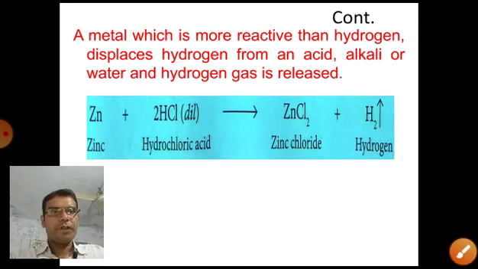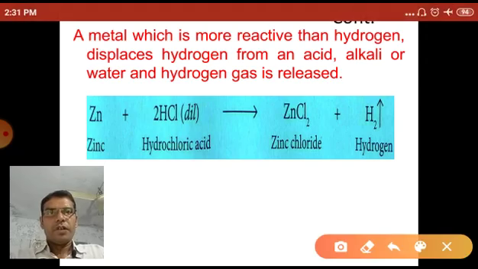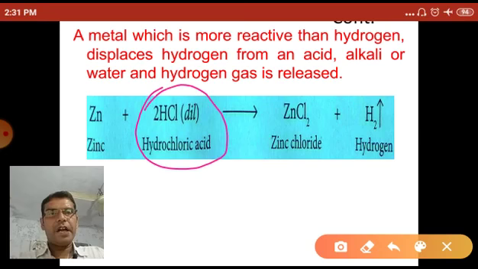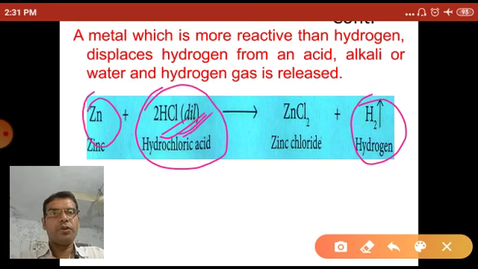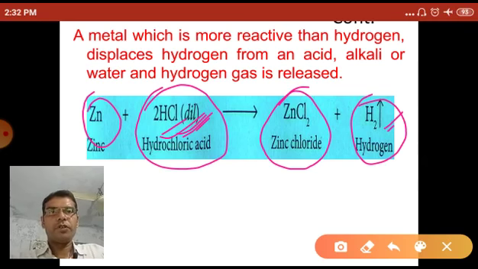So, as an example, when zinc granules are added to dilute hydrochloric acid, HCl, then the zinc granule displaces the hydrogen gas from the hydrochloric acid, forms zinc chloride, and hydrogen gas is released, because zinc has a position above hydrogen in the reactivity series.